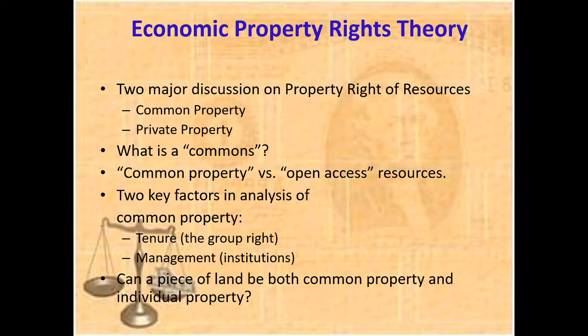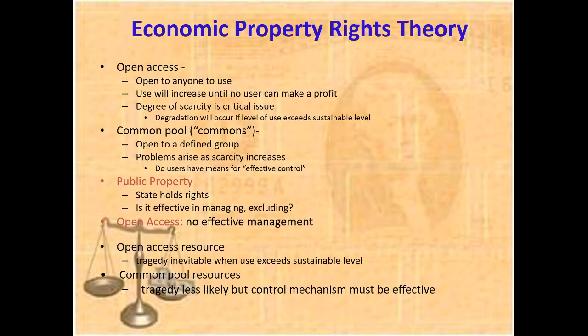The tenure is largely done by a group of rights, and management is a function of the institution and its play. Then the question which I mooted earlier raises its own relevance: can a piece of land be both common property and an individual property? Is it clear?